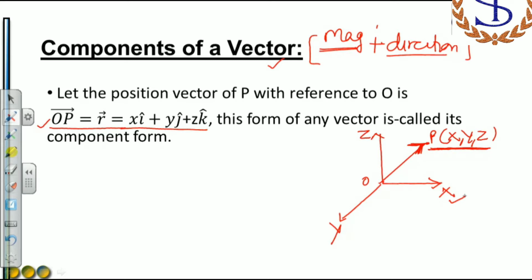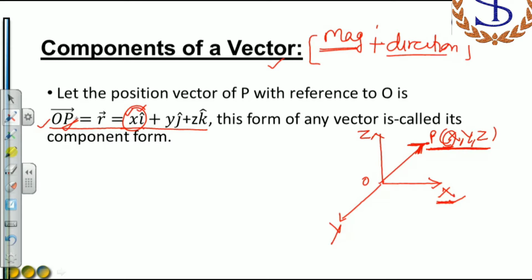So the first component of this OP vector is x, in the direction of the x-axis. This is the first component, x, the magnitude of point P in the direction of x, and this i cap gives us the direction. So this is the first component of the OP vector.